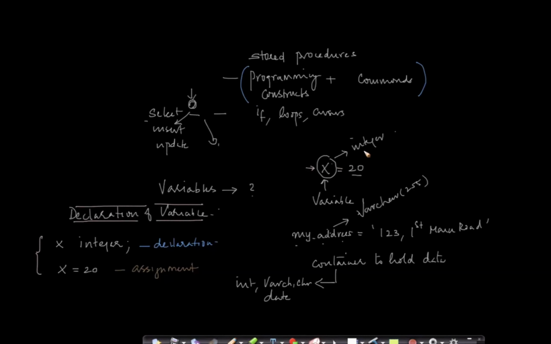And also we have to say what is the type of the data that you're going to put inside X. So X is a variable of type integer. Or you can think of it like X is a container that can hold data of type integer, right? And 20 is the value that is assigned to X. Okay.